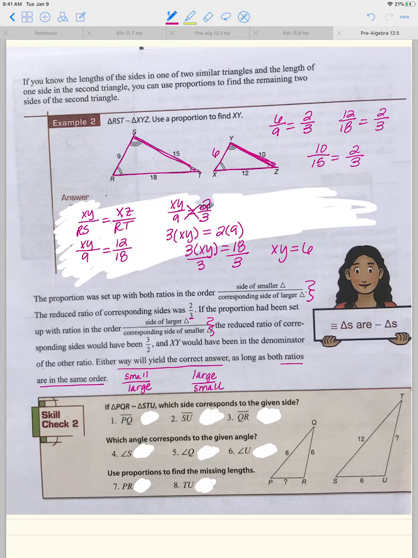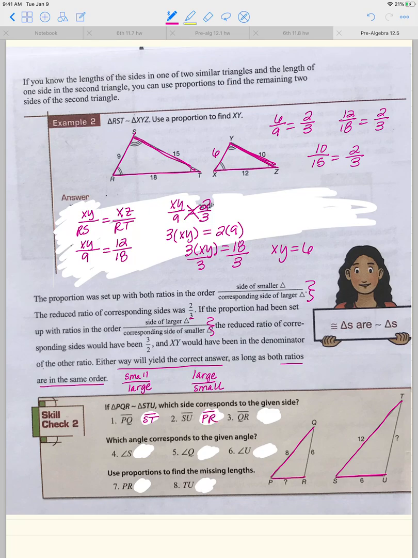Skill check number 2, we've got some triangles. If triangle PQR is congruent to triangle STU, which side corresponds to the given side? Number 1, PQ corresponds to ST. SU corresponds to PR.